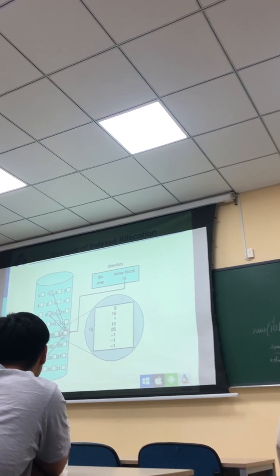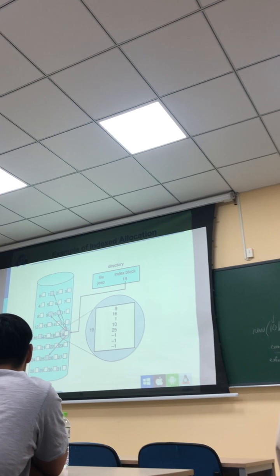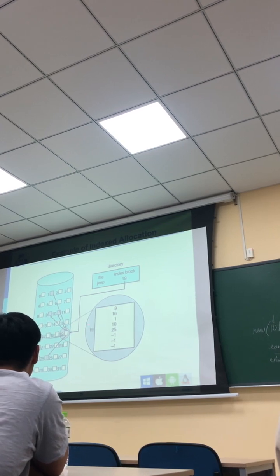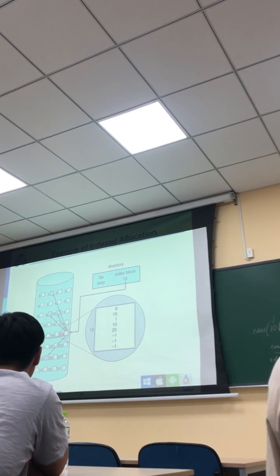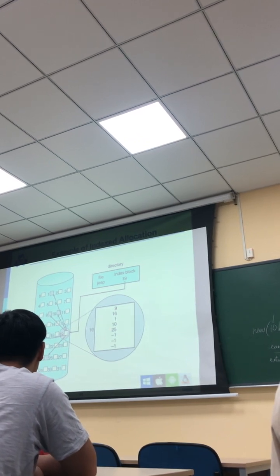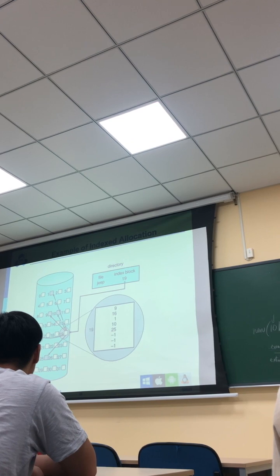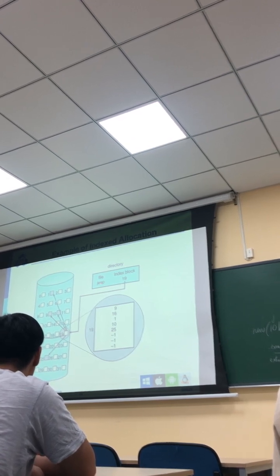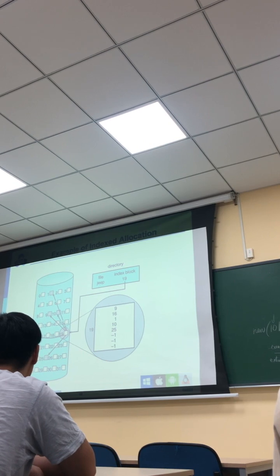Okay? Consider that we cost 1 byte for each entry. So this means that if you have 2 blocks, you need only 2 bytes to contain the information, and it means that we waste a lot of space here. Okay, so this causes the internal fragmentation in the index block, when we have a small file.